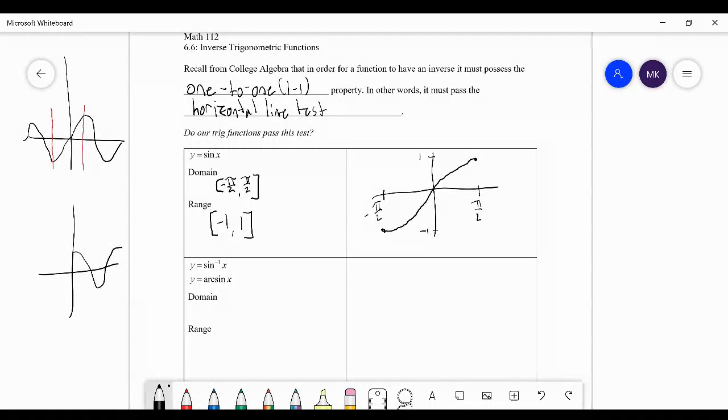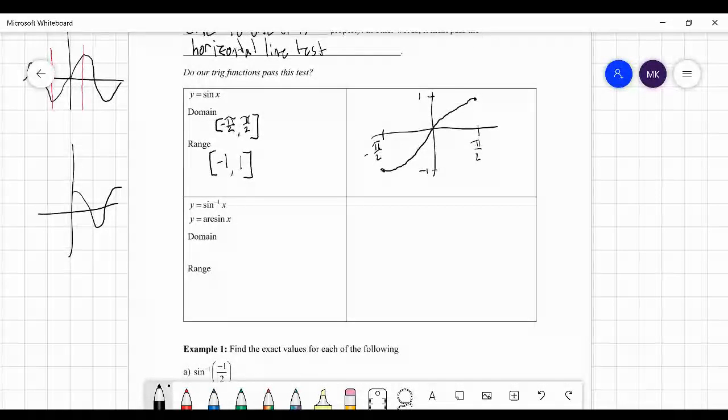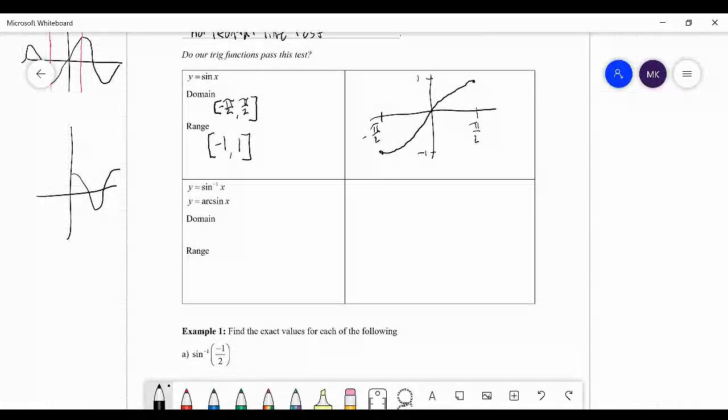So we can then define the inverse function in two different ways. We can say sine to the -1, using the same inverse notation we used for f, or we can say arc sine. Anytime you see arc and then a trig function, that is simply a trig way of referring to the inverse.